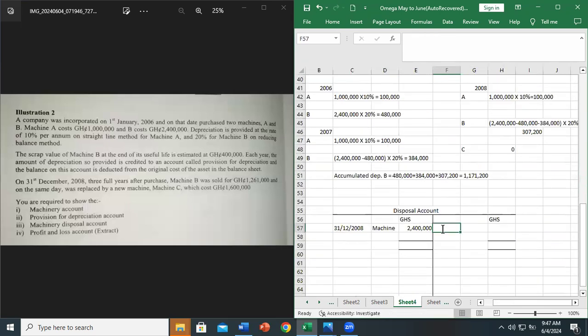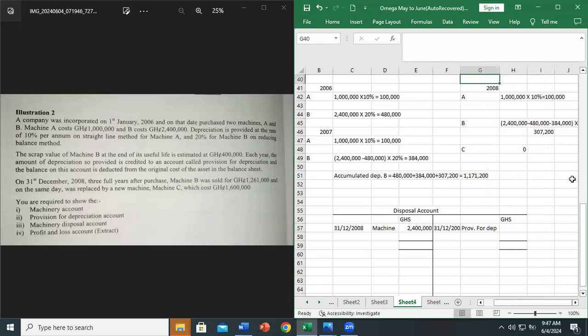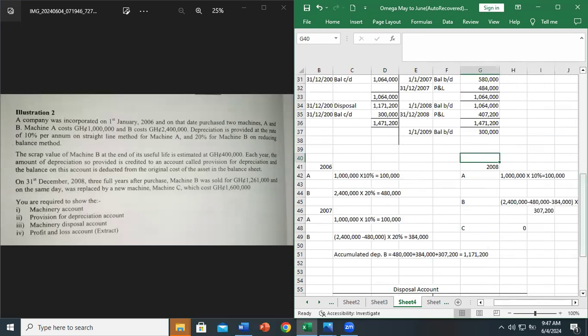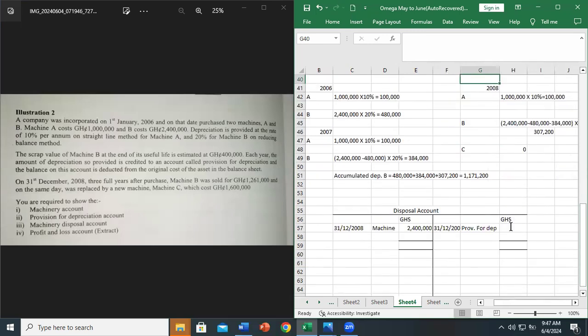So 31st December 2008, provision for depreciation. And how much did we get there? That was 1,171,200.